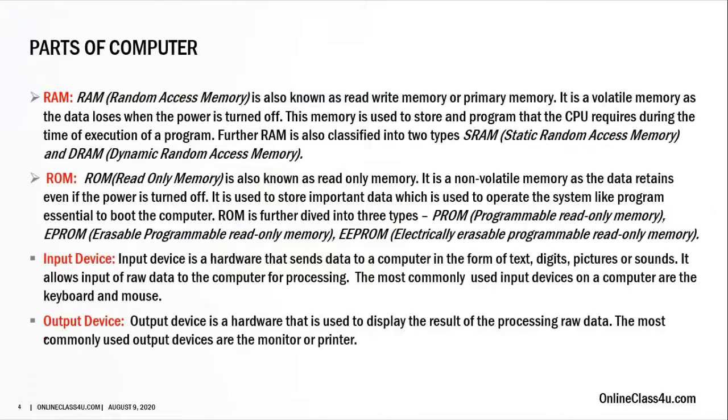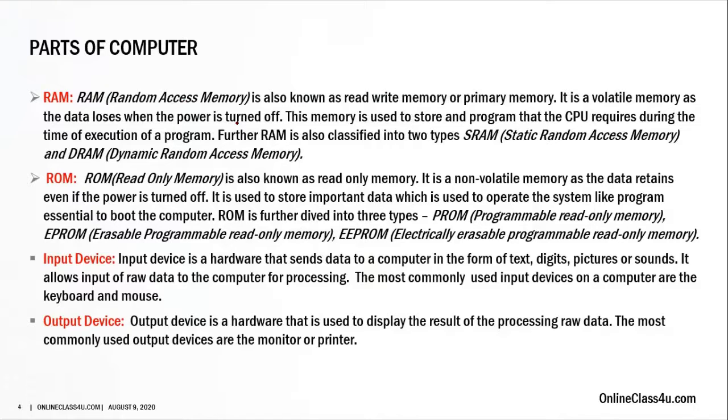Now, what is RAM? RAM is known as random access memory. Here, the data which is stored in the computer, if the power is turned off, then that data will not be able to be retrieved. That means that data is lost.